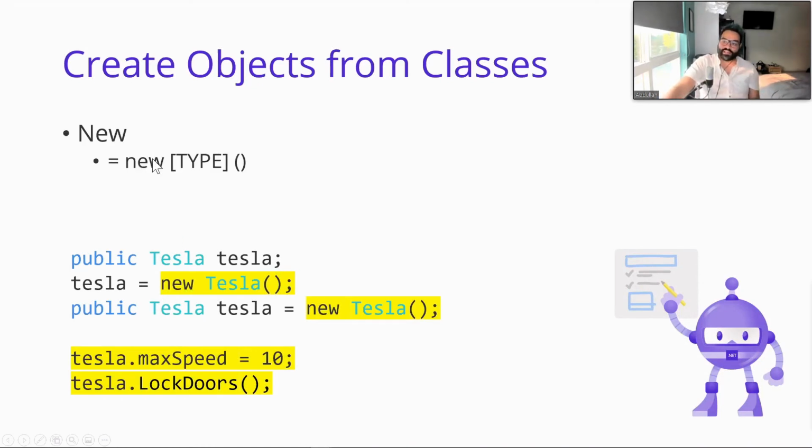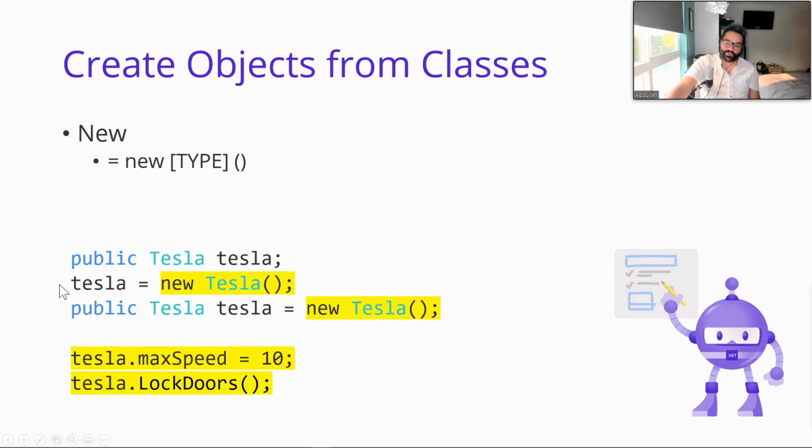And the way that you do it is just use the variable first, and then assign it a new Tesla. The way you use the new operator is write new, and then write the name of the class itself, and then parentheses afterwards.